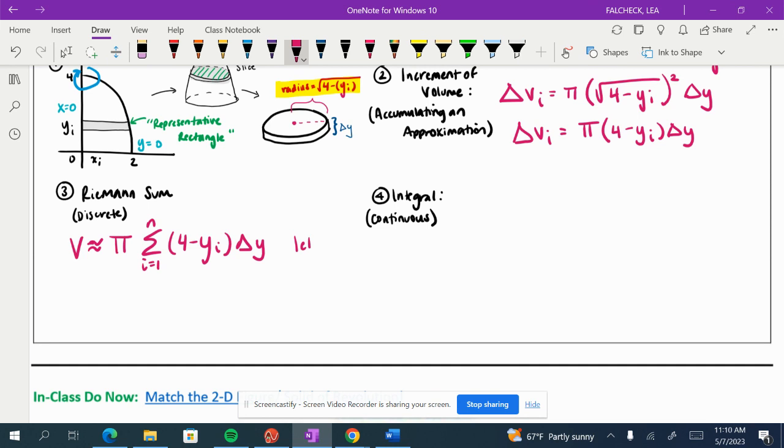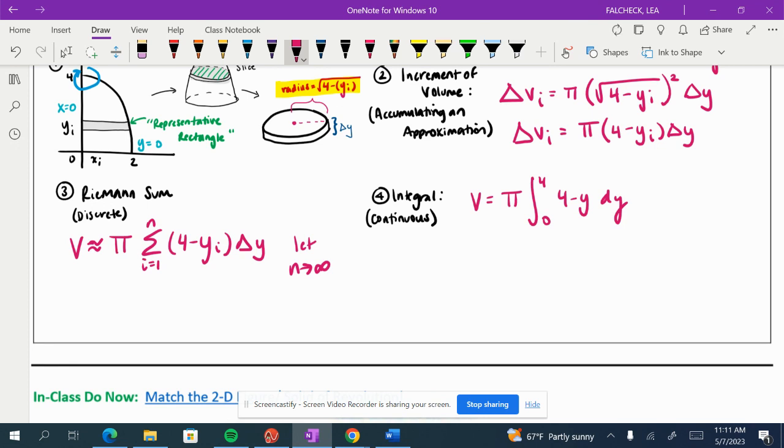Now let n head to infinity, and we get our integral, which is a continuous sum, and that is our definite volume, an exact volume in fact. So the volume is equal to pi, with the pi factored out front, times the integral from 0 to 4 of 4 minus y dy.